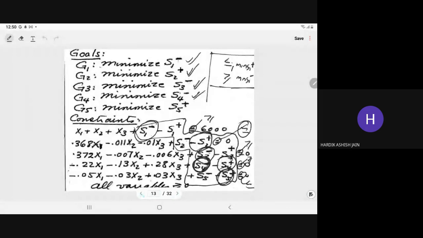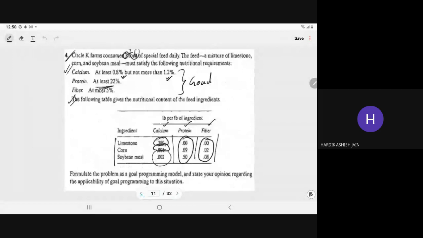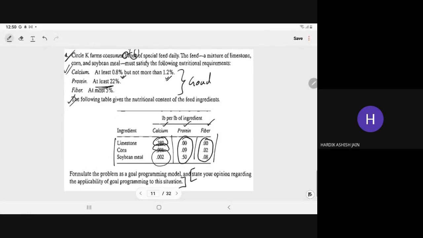So first we have formulated the problem as a goal programming, that we have done. Now in the second part they have asked, state your opinion regarding the applicability of goal programming to this situation.